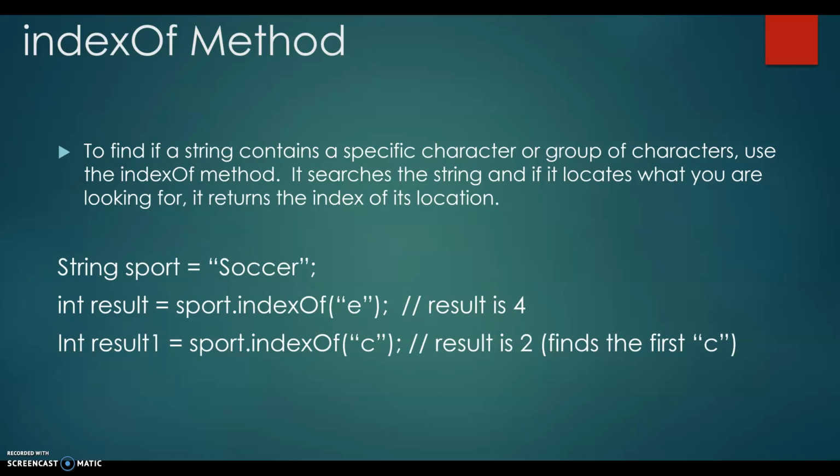The S is at 0, O is at 1, C is at 2, C is at 3, E is at 4. When I run sport.indexOf and I look for a C, we notice that there are 2 C's. It's going to return the first instance of C, which happens to be at index position 2.